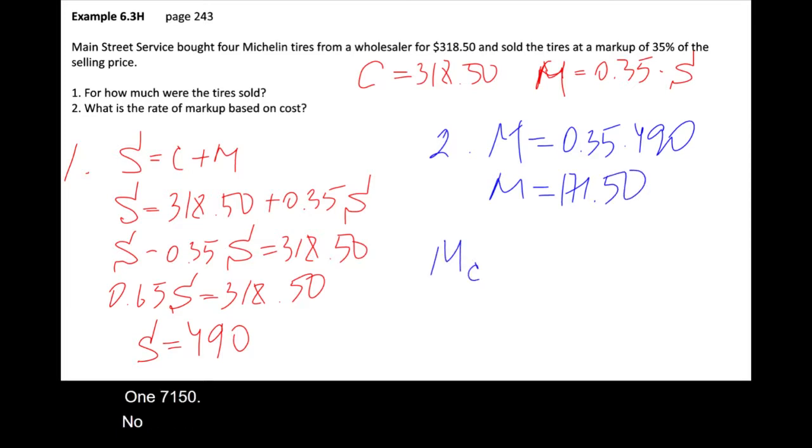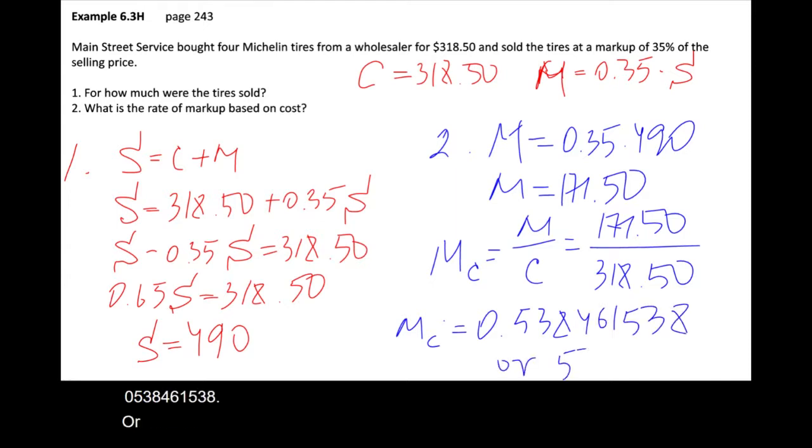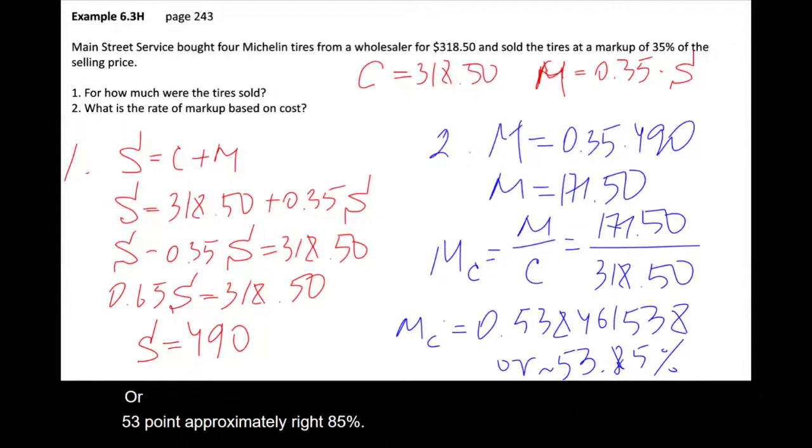And now markup based on cost will be markup over cost: 171.50 over 318.50. So MC is 0.538461538, or approximately 53.85%. That's it.